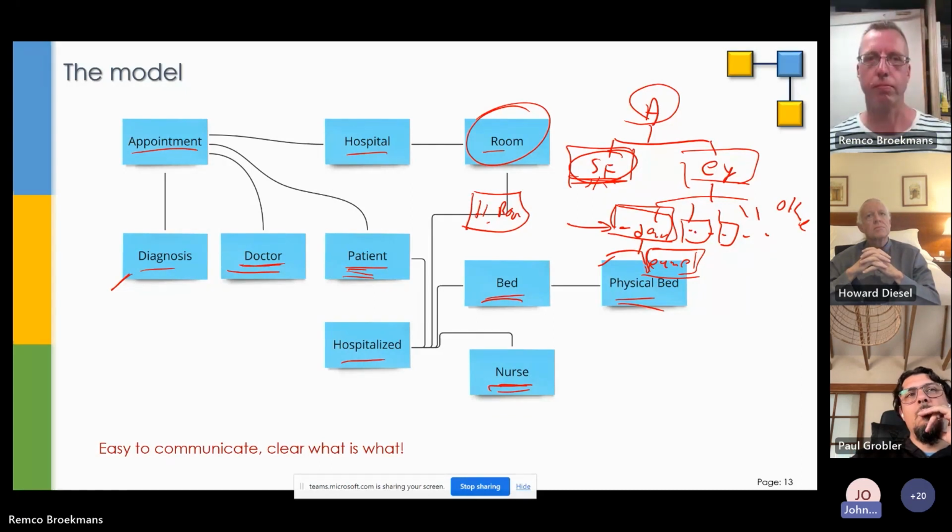The tricky parts are concepts like bed and physical bed. What Q6 does is take bed at face value. When I say a bed, I'm referring to a physical thing. When I use the word bed in Q6, it's a functional class. It's a functional value. So it's the same as like a cardiac, or say an operating theater is a functional class of a physical space.